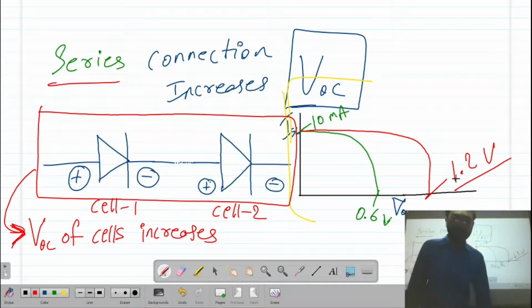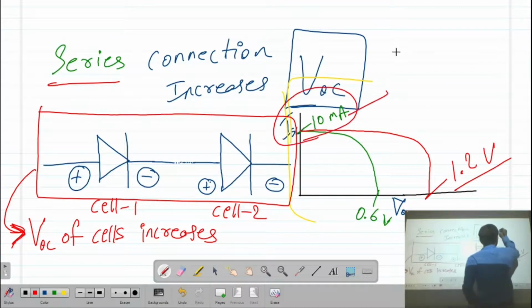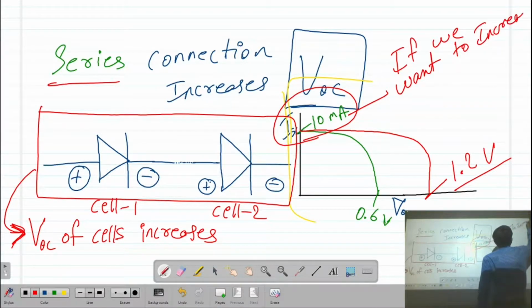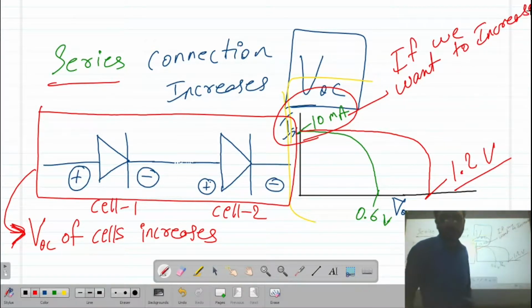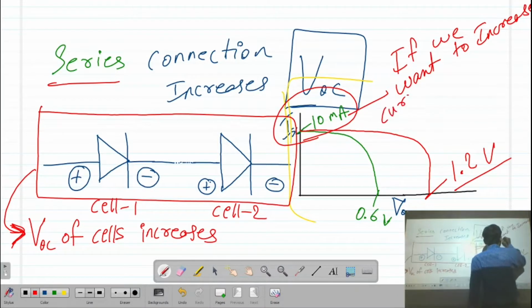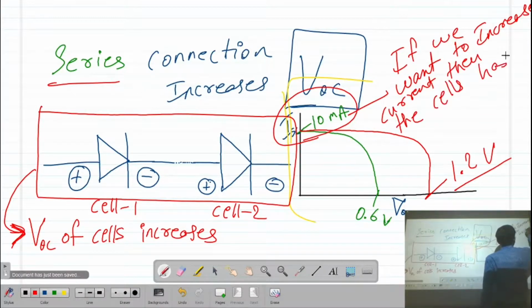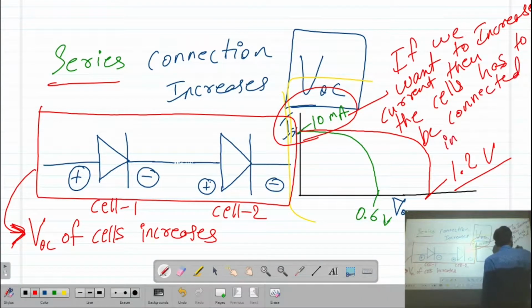Now let us see in a similar way, if we want to increase the current, then the cells have to be connected in parallel.